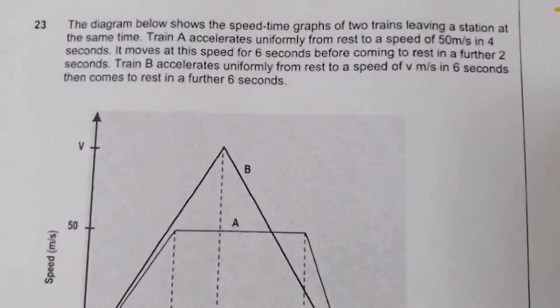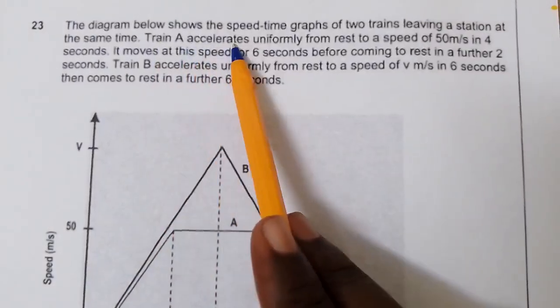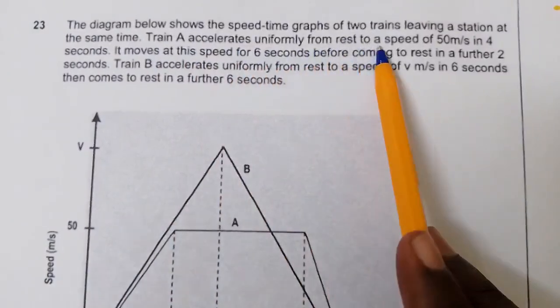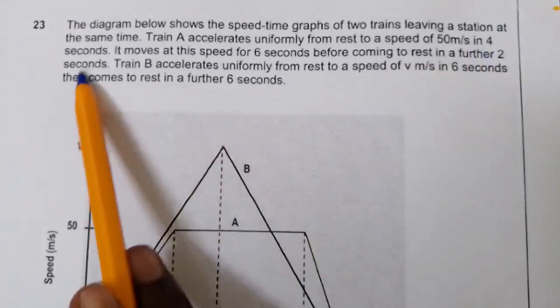The question is saying the diagram below shows the speed-time graph of two trains leaving a station at the same time. Train A accelerates uniformly from rest to a speed of 50 meters per second in 4 seconds.